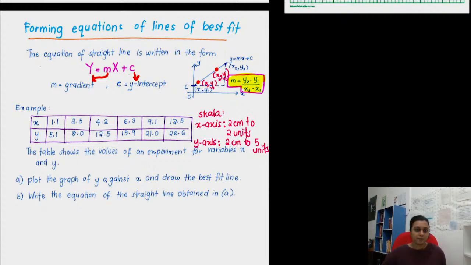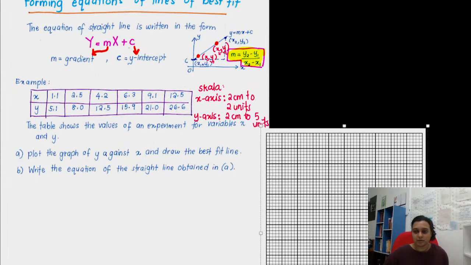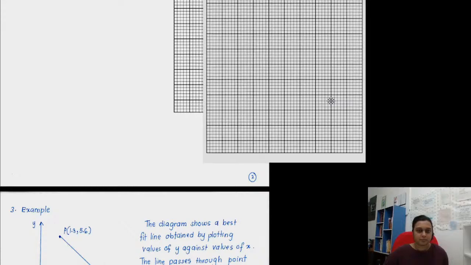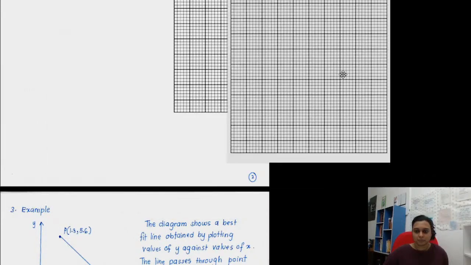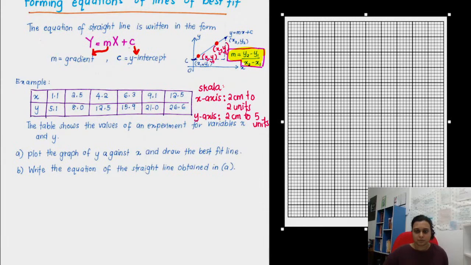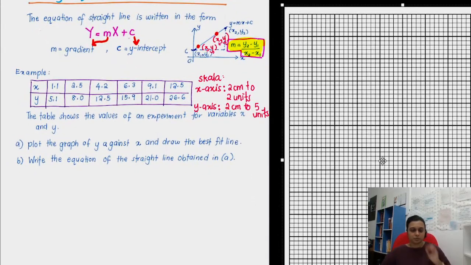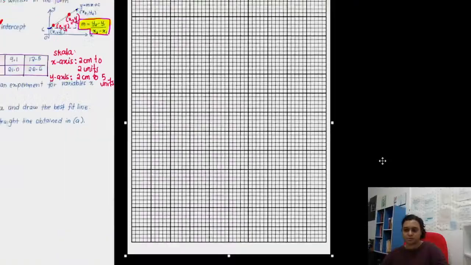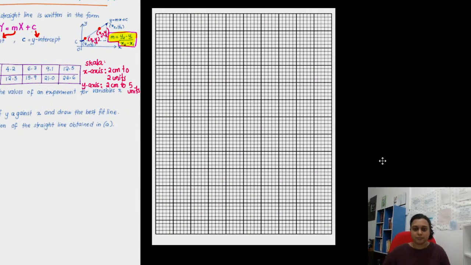Now I'm about to insert my graph. I'm going to use the proper graph paper now. At least got 10 to 10. Yes, this one will be better. So I need 2 cm, 2 units.